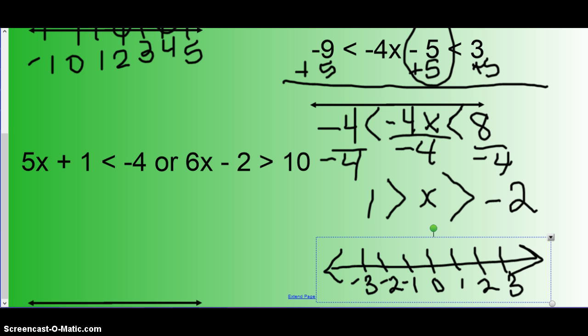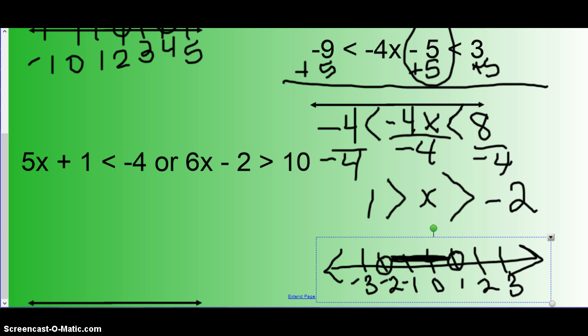I'm going to leave that open. x is less than 1. But x is also greater than negative 2. So my solution set is right here. Notice I didn't include 1 and I didn't include negative 2, because it doesn't say that they're equal. So my solution set is indicated right here in between those two numbers.